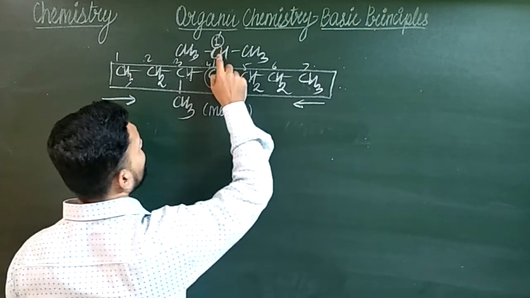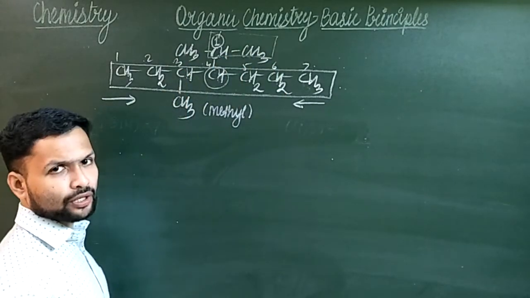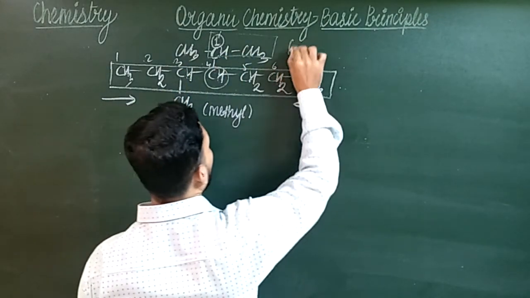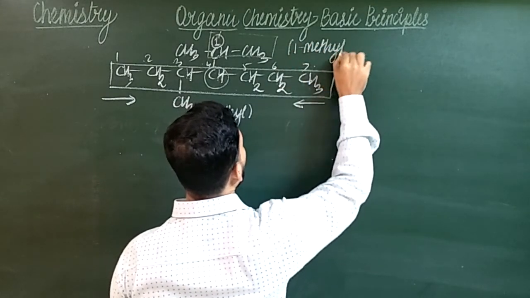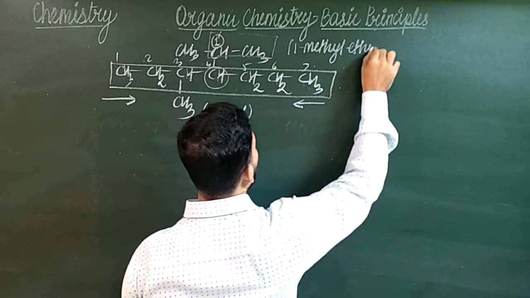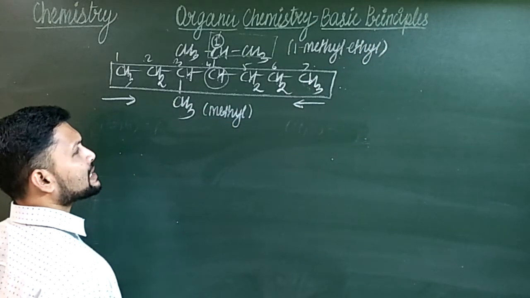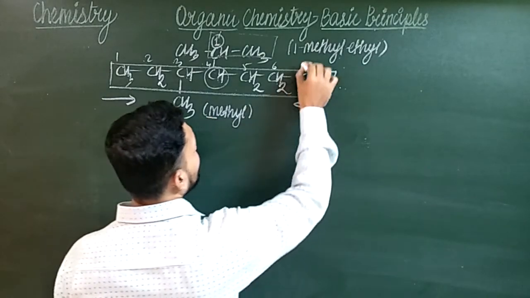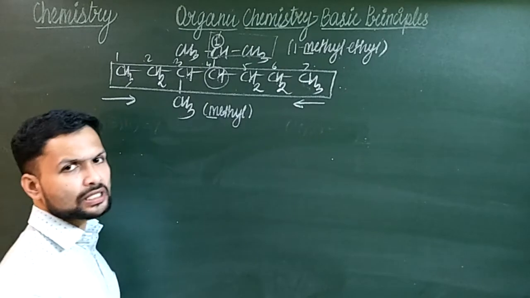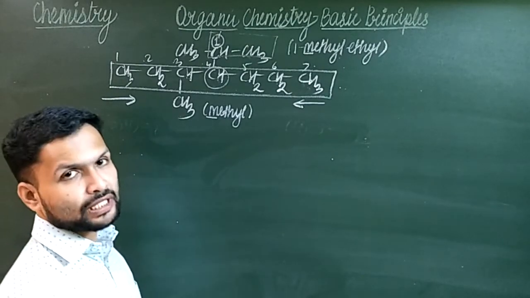If you see, this is the first, so the longest chain is of 2. You can take this also if you want, and hence the name of this compound would be 1-methyl 1-ethyl, or simply ethyl, 1-methyl 1-ethyl. Alphabetically, this is a simple substituent starting with M, and this is a complex substituent starting with M. Obviously the complex one is preferred.